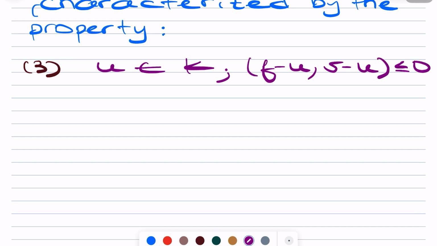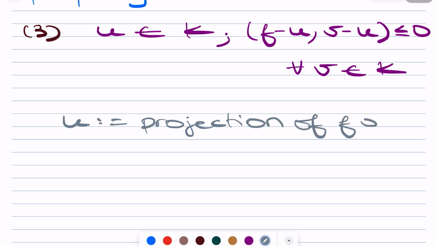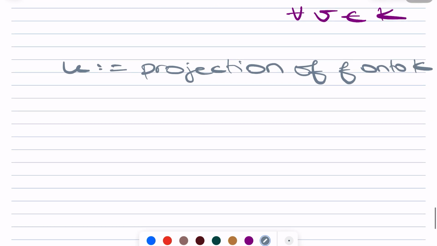And this should hold for every v in K. So u is the projection of f onto the space K, and it is denoted by, we will write throughout this lecture, P_K f.